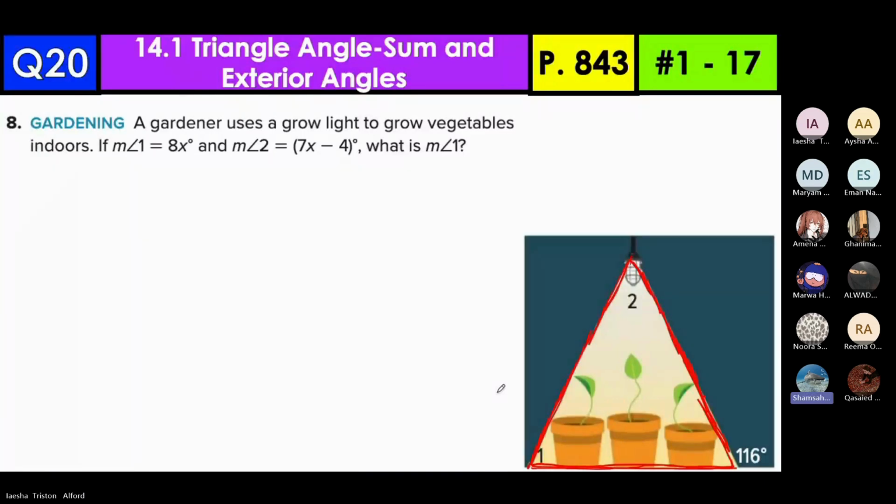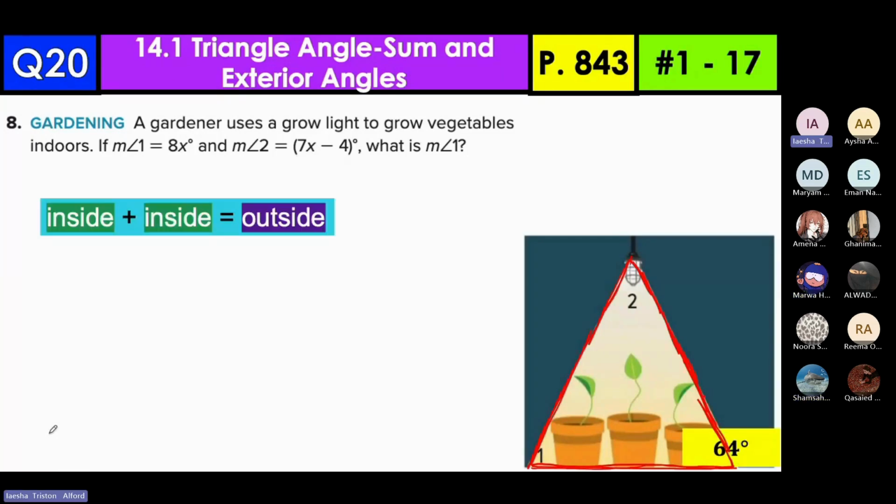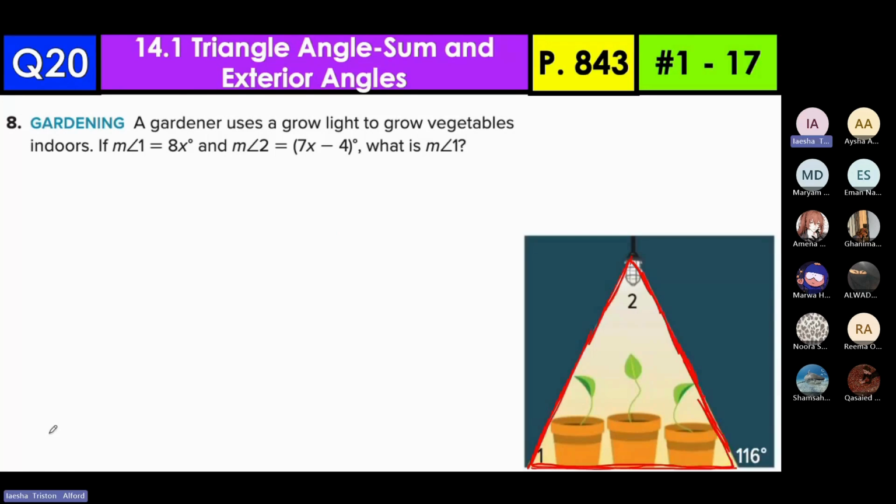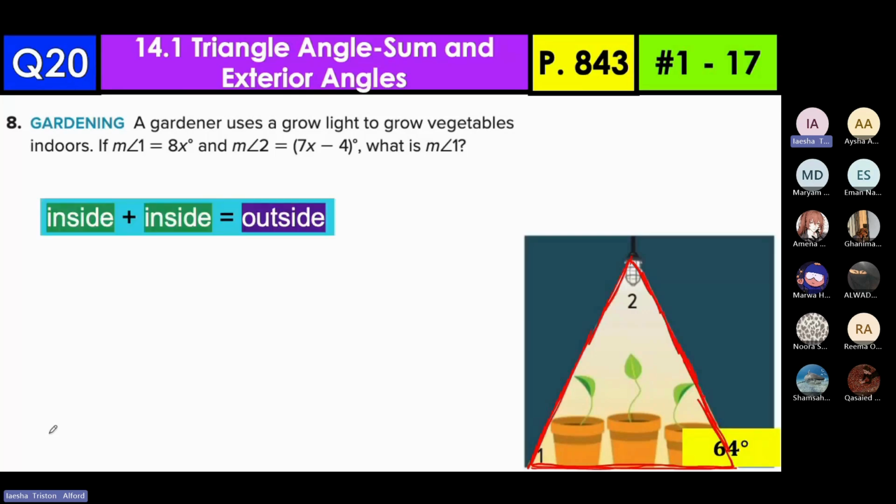Oh, exterior. Yeah. So what's exterior angle? What is the meaning? Two inside, one outside. Two inside equal one outside. So, sorry, before the answer, that's 116 there. You have the measure of angle 1 plus the measure of angle 2 is equal to 116.